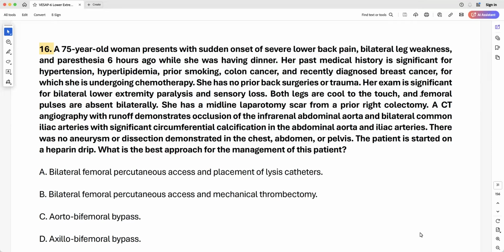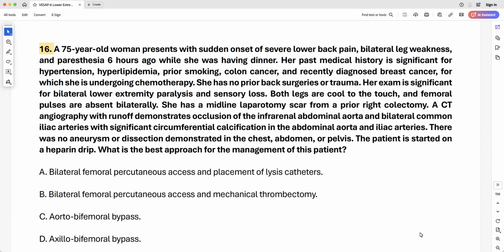75 years old woman presents with sudden onset of severe lower back pain, bilateral leg weakness, and paresthesia 6 hours ago while she was having dinner. Her past medical history is significant for hypertension, hyperlipidemia, prior smoking, colon cancer, and recently diagnosed breast cancer, for which she is undergoing chemotherapy. She has no prior back surgeries or trauma. Her exam is significant for bilateral lower extremity paralysis and sensory loss. Both legs are cold to touch and femoral pulses are absent bilaterally.